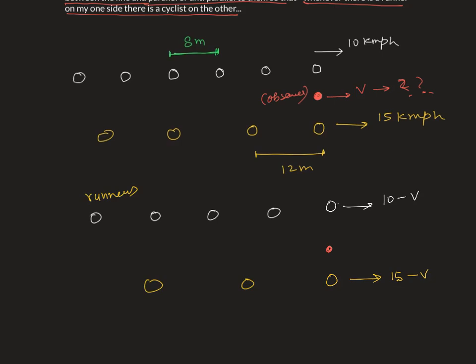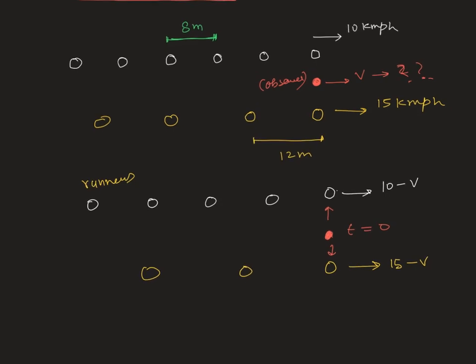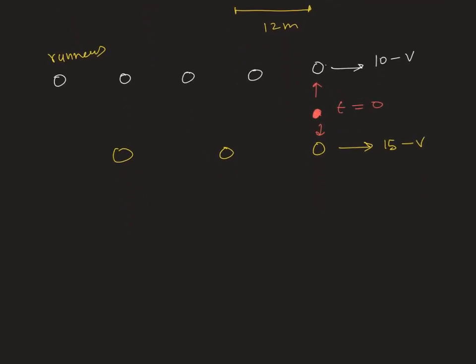Now what is the question? The question is very simple. Okay, right now I am here. Let's say this is t equals to 0. And on my one side there is a runner and on the other side there is a cyclist. After some time, when both of these lines move forward, I will be here again, same position because I am at rest, and this runner has moved ahead and the cyclist also has moved ahead.